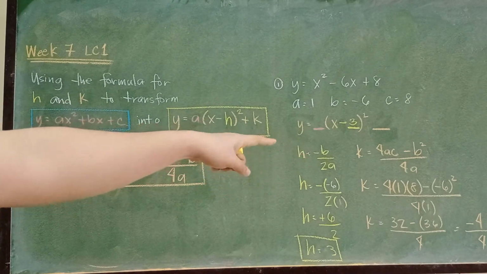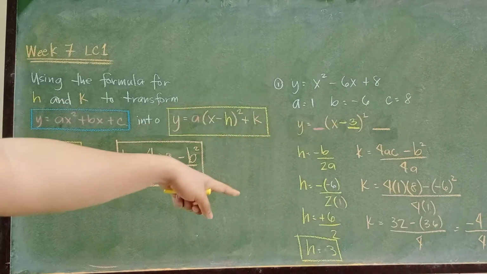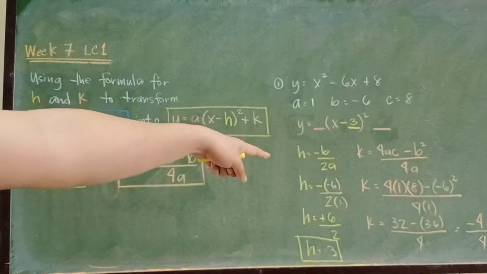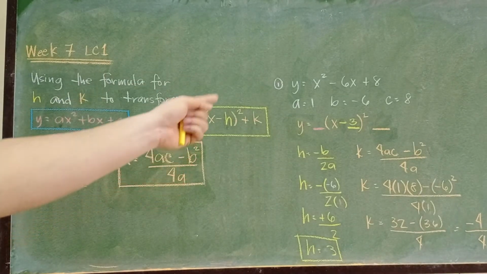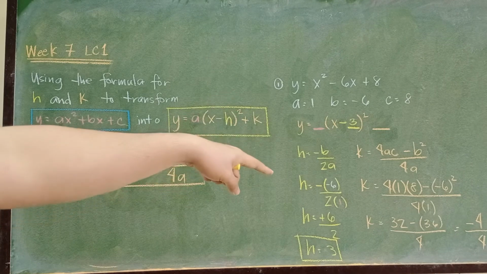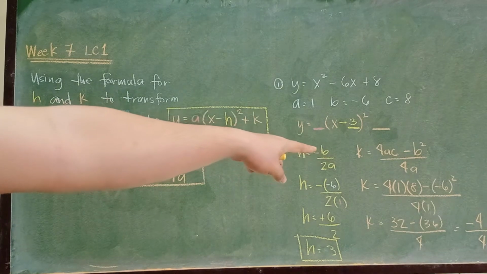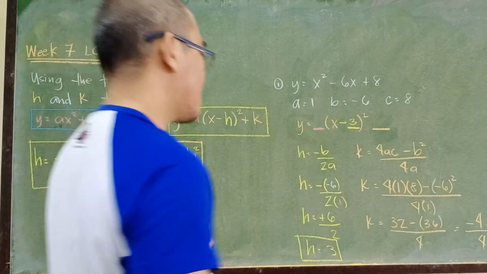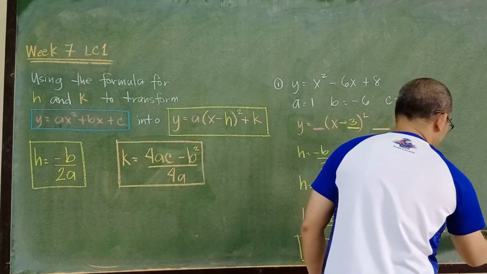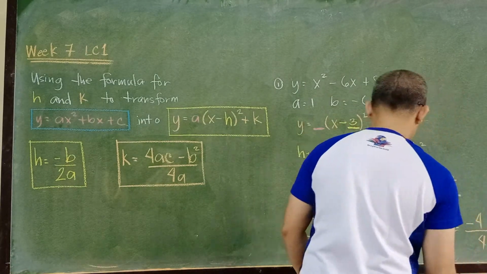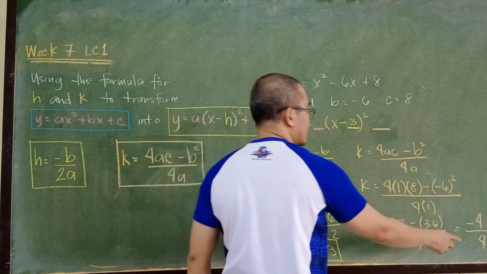Kung ano yung operation before the number, yun na din yung sign niya. So yung sign ng 36 is yung negative. So positive 32 tsaka negative 36, that will give you negative 4. Now divided by 4, that will be negative 1. So yung value ng k mo is negative 1.